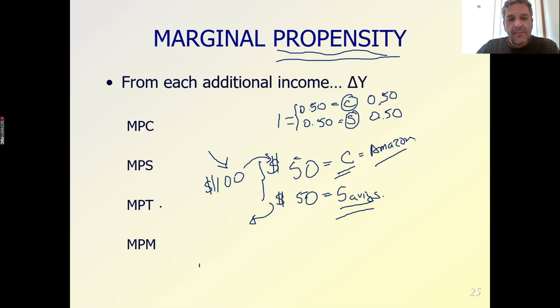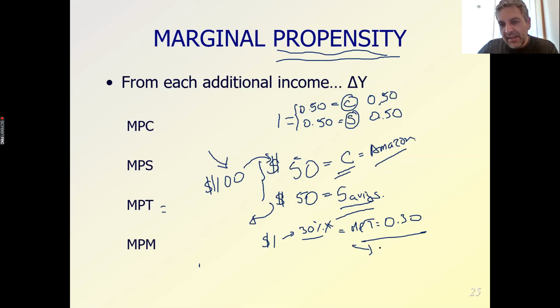Some of you may say, well, in my country, for each dollar that I receive, I have to pay maybe 30% in taxes. That's something I already lost, because the government says you have to pay 30% of every dollar that you receive. So we may say the marginal propensity to pay taxes is going to be 0.3. So what would happen with the 0.7 remaining?